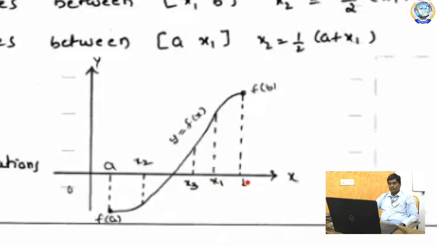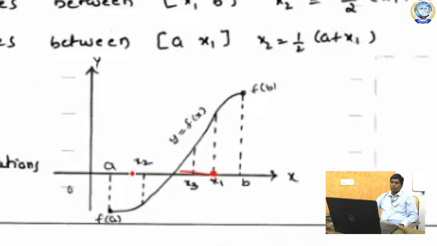I choose another value b such that f of b is positive. By taking the average of these two values a and b, I get an x1 value here.